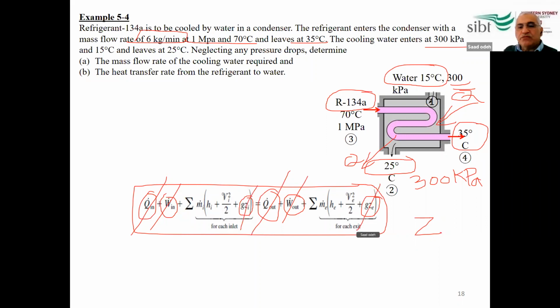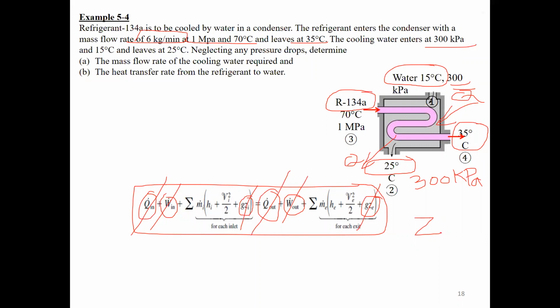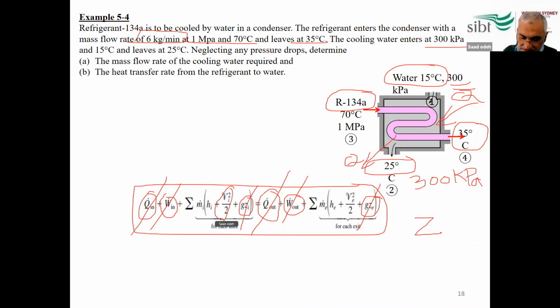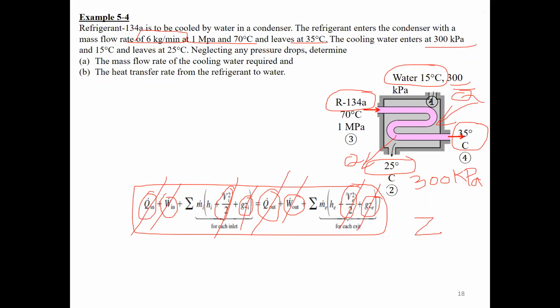And any information about the velocity in and out? Melih, Tariq? Yeah, no, sir. Correct. There's no information about the velocity in and out, so I can also remove this. As you can see, the only part left is delta H.